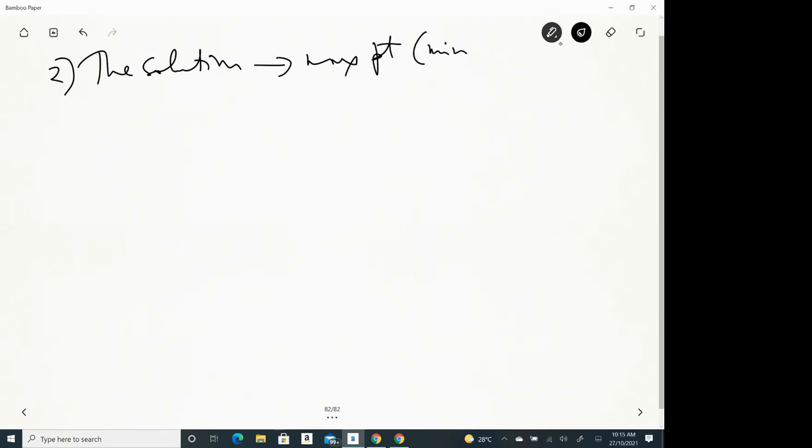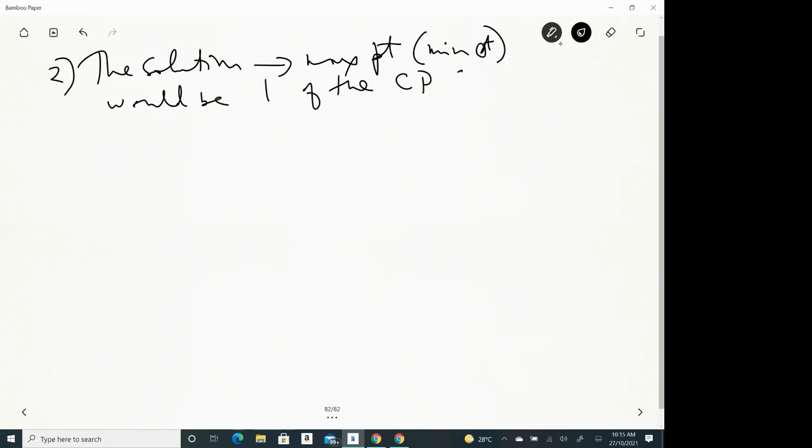So you do the graphing of the inequalities and determine the corner points. What you do next, number two, the solution to the optimization problem, the one that you want to maximize or minimize, the maximum point, or if our problem is minimum, then the minimum point, would be one of the corner points.